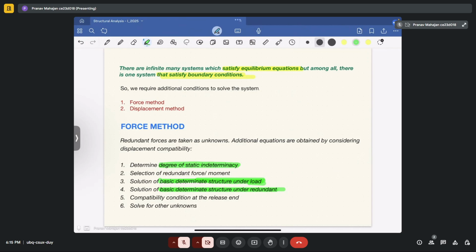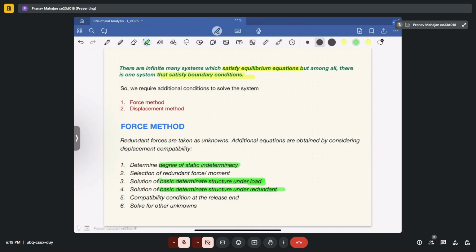In another sense, you can say the force method is a superposition method in which you first break down a structure into simpler supports or simplest conditions, and then you will determine the values of slopes and displacement you are observing at that particular point, and what value it should be coming.